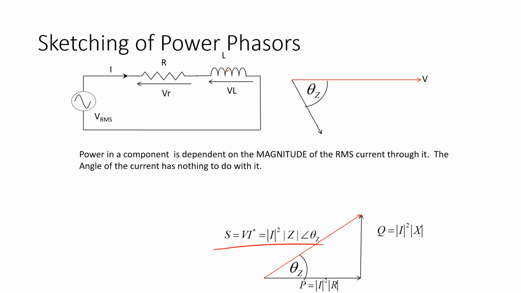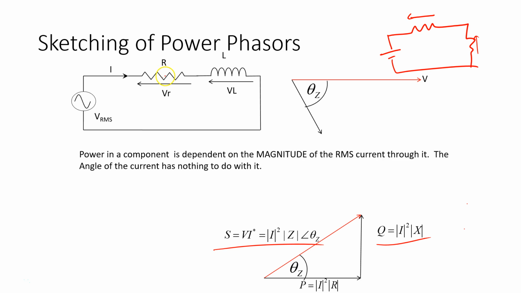So just like if I had two resistors in a DC circuit and I wanted to find the power, I could find the power dissipated in this one and the power in this one and add them up. I could do the same thing here. In this case, the power dissipated in the resistor is real power, and the power dissipated in the inductor is reactive power.